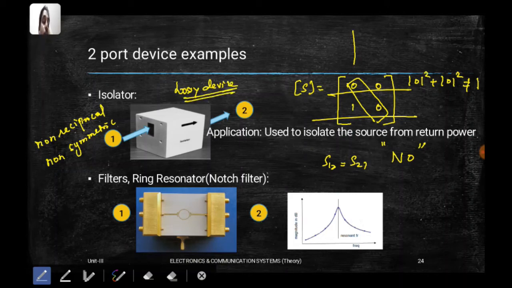Okay, if you take the second row, 1 squared plus 0 squared is equal to 1. So the second row is satisfying, the first row is not. Why is it not satisfying? Since in the second row, when you give input, it comes out as it is, the same. There is no loss, no power is consumed here.